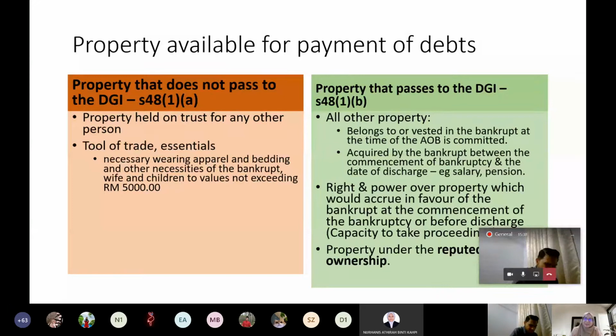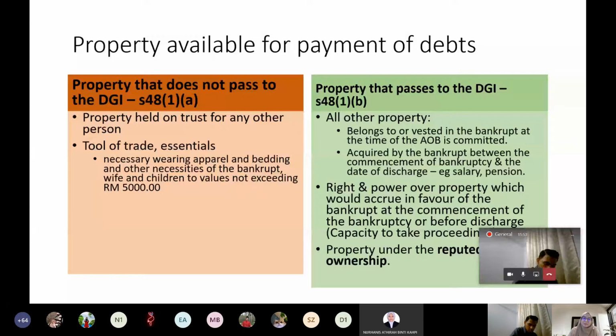So any property which is acquired by him today, maybe salary, maybe sale proceeds, for example, any profit that he got from selling of shares, for example.